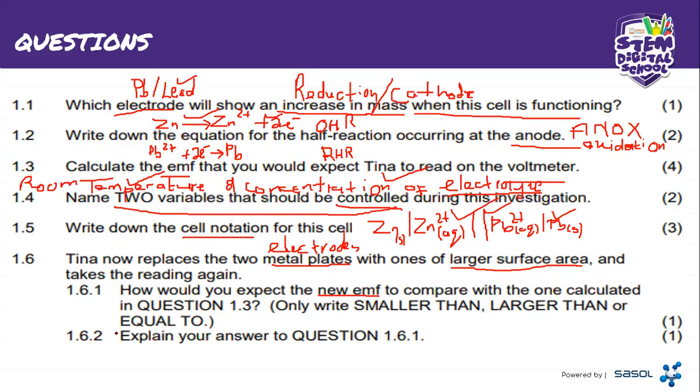And my answer is that they will be equal altogether. Why? Because, and that is question 1.6.2, surface area does not affect the EMF of a cell.